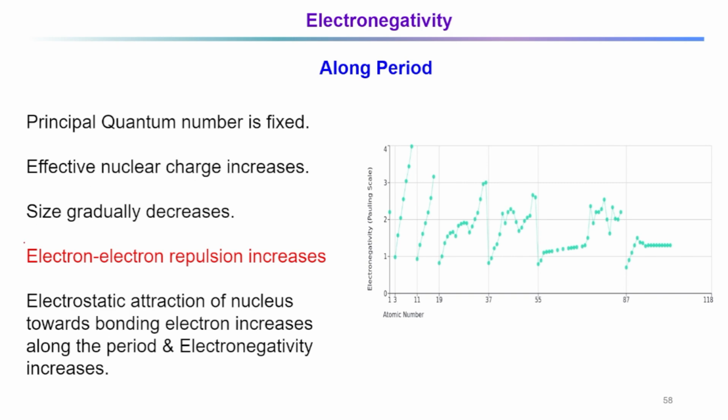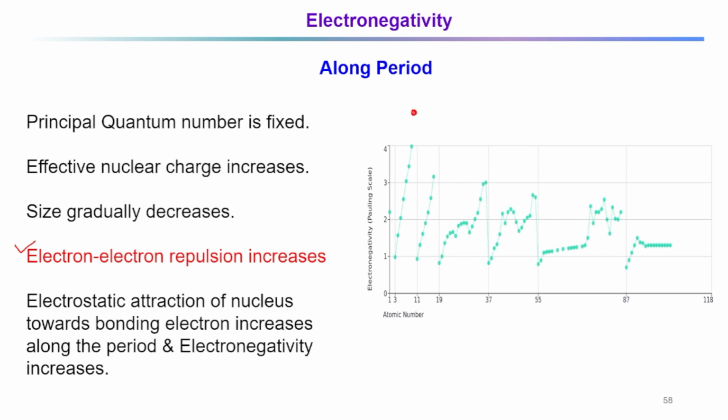And as we have more and more electrons, the electron-electron repulsion also increases, but this is a minor factor, we can ignore this. So considering all these factors, we can say that the electrostatic attraction of the nucleus towards the bonding electrons increases along the period, so the electronegativity also increases. I will draw it here.